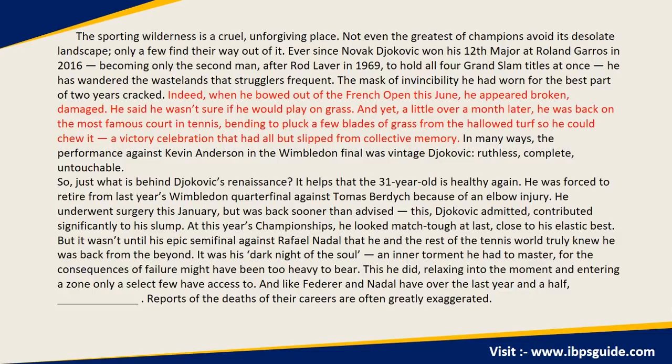Okay, so the word that we have to guess is hallowed. Here they're saying that he plucked a few blades of grass from the hallowed turf. Now, where does grass grow? It grows on the ground, right? And turf means ground. So hallowed obviously is describing the ground. Now, for a tennis player, the Wimbledon field has a lot of significance, right?